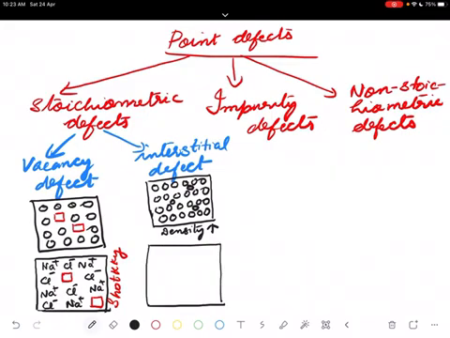So here positive ion, negative, positive, negative, positive, negative, positive, negative, positive, negative, positive. Next to one negative, one positive you draw. Negative, positive, negative, positive.